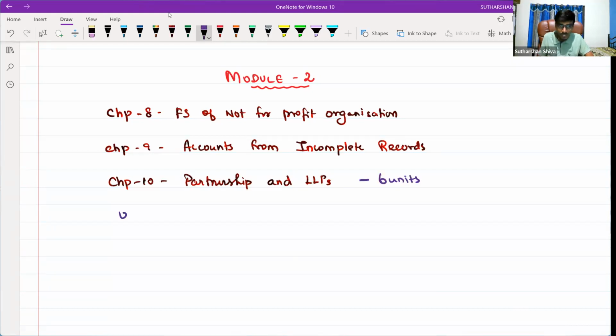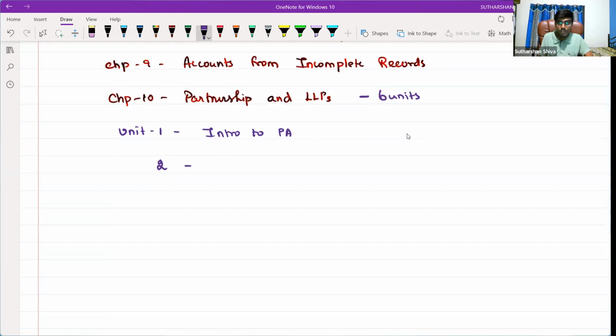What are those 6 units? Unit number 1 is simply an introduction to partnership accounts. Then unit 2, how I am going to treat goodwill. This treatment of goodwill, I am going to focus on.